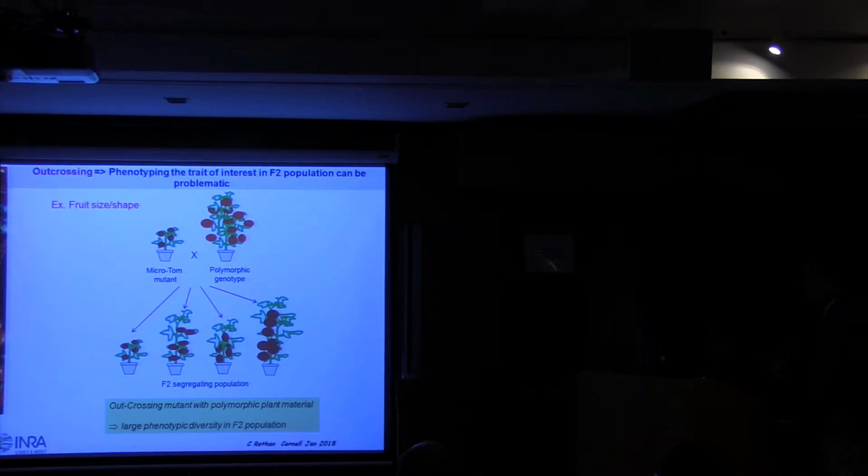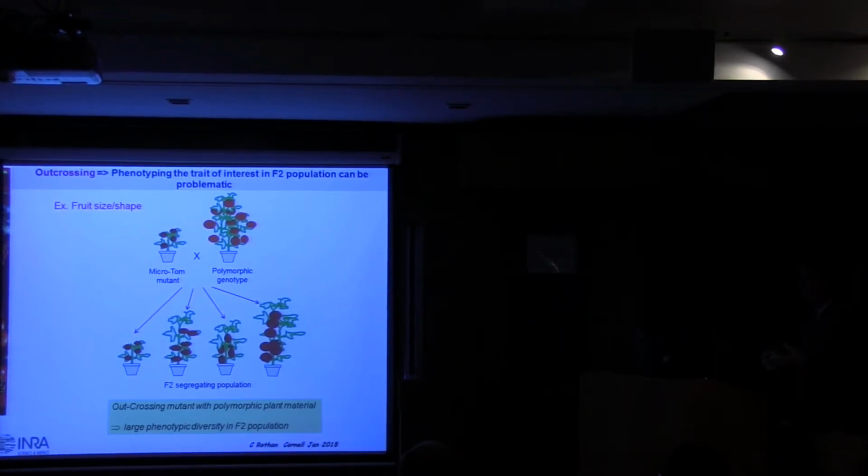So it can be very problematic. We saw that for cuticle. When you have a very strong mutation, you can still phenotype the population, but when it's a less severe mutation, it is very difficult.